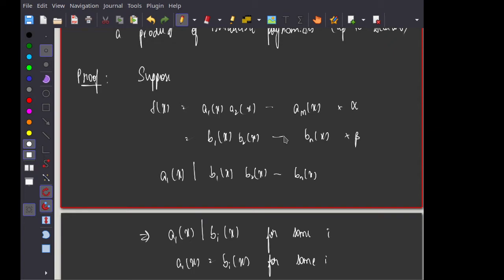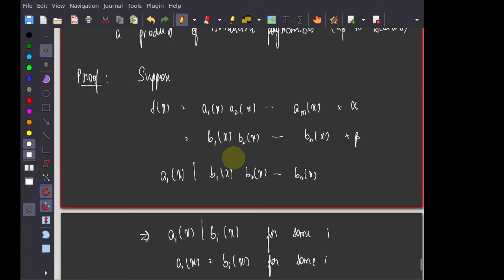So there's some a1 sitting on both sides. Let me divide a1 on both sides. I get a new polynomial, and I'll inductively proceed. Now I've removed a1 from both sides. Then I have a2. Using exactly the same argument, a2 should divide the product of these divided by a1, and therefore a2 should divide some other bj for j not equal to i. So I can again cancel those out and keep proceeding until all I have is a scalar on the left hand side.